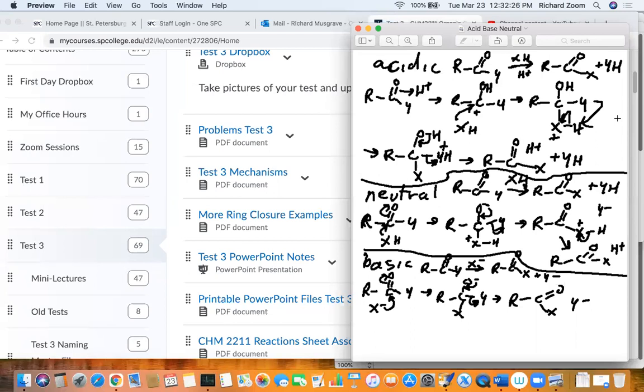And the other two could possibly be ones that I consider to be oddball. They don't follow either of these patterns. We've already gone through some of these and tried to figure out whether they're acidic, neutral, or basic, and then followed that same mechanism in order to determine what's going on.